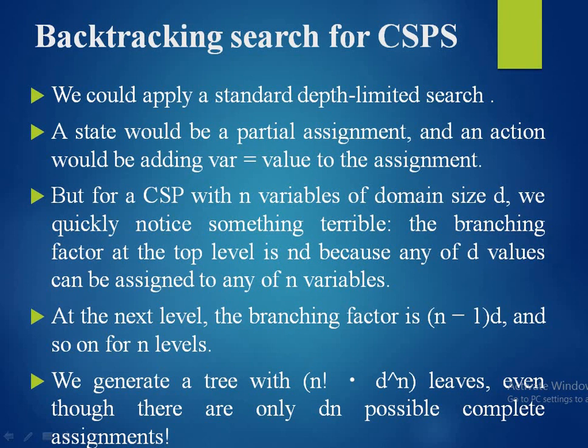The branching factor at the top level is nd because any of d values can be assigned to any of n variables. At the next level, the branching factor is (n-1)d, and so on for n levels. We generate a tree with n! d^n leaves, even though there are only d^n possible complete assignments.